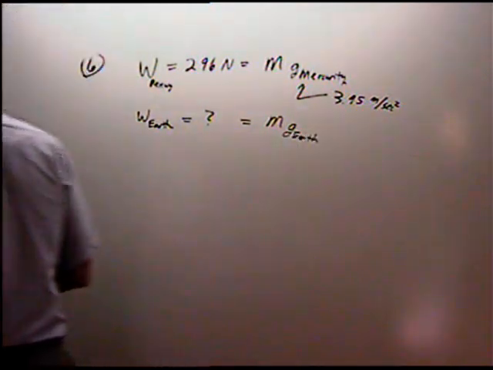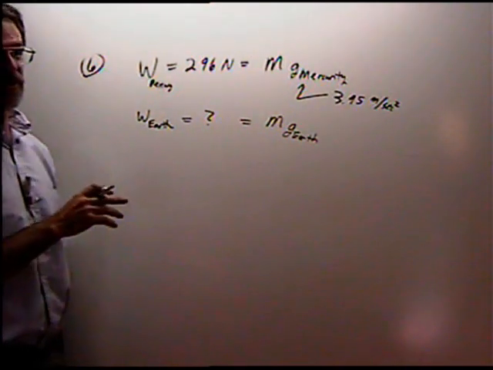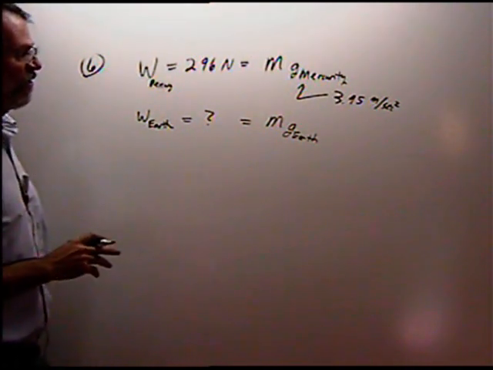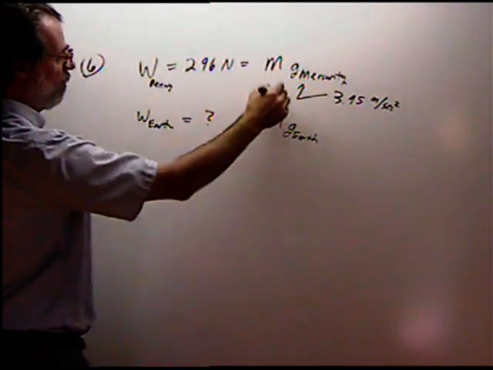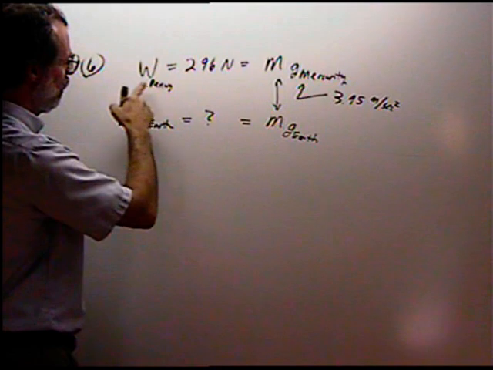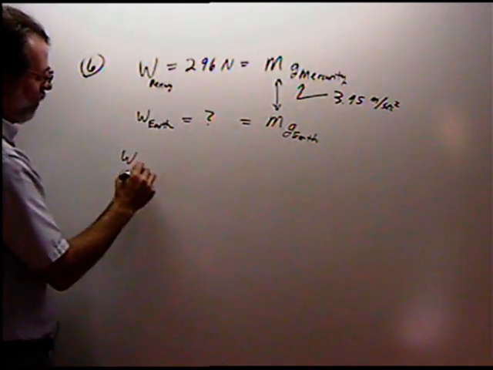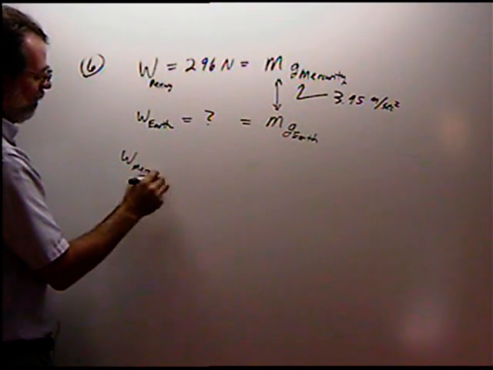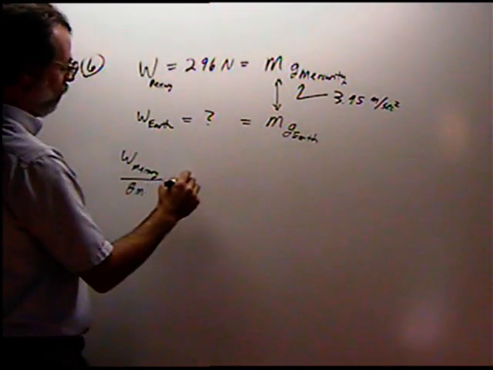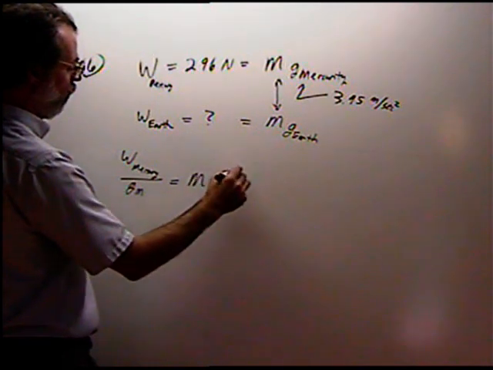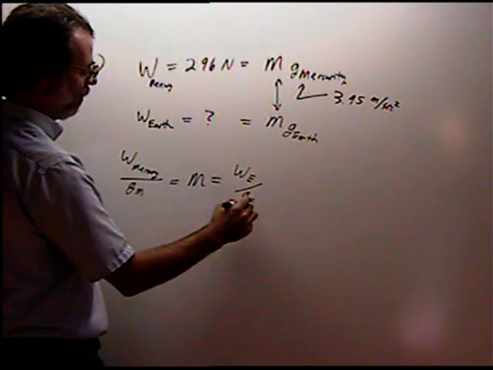This is the exact same kind of question, so I'm not going to solve it, I'm just going to set you up for it really. What's the same? The mass is the same in both situations, so we can set up a ratio. The weight on Mercury divided by the gravity on Mercury is equal to the mass, and that's equal to the weight on Earth divided by the gravity of Earth.